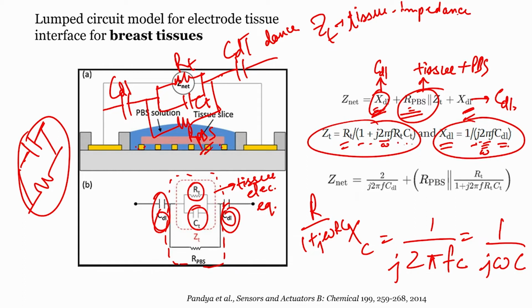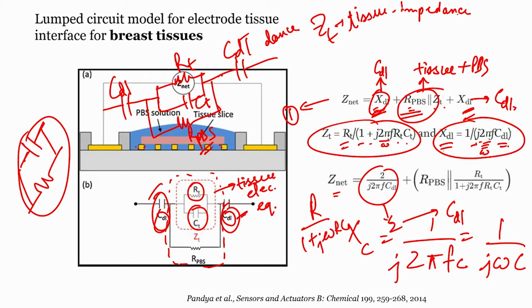Now let us substitute these two expressions in, let's call it equation 1. So when we substitute this in equation 1, what do we get? We get Z net equal to 1 over 2 pi f CDL plus the parallel combination of RPBS and ZT. This is multiplied by 2 for CDL, one on this part and one on this side, okay?